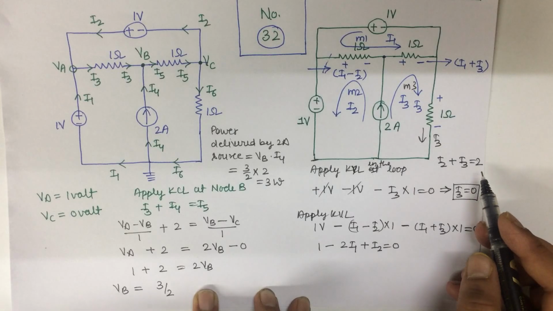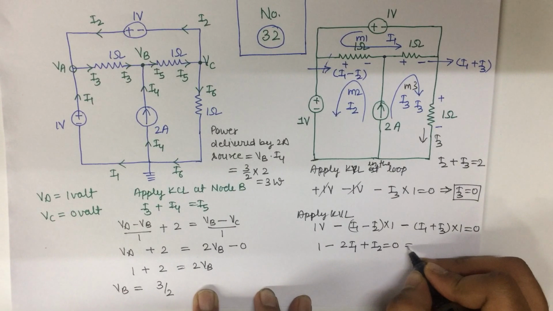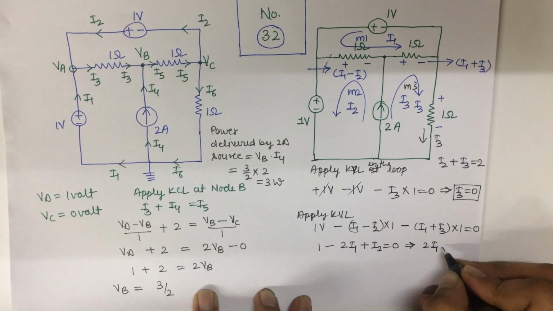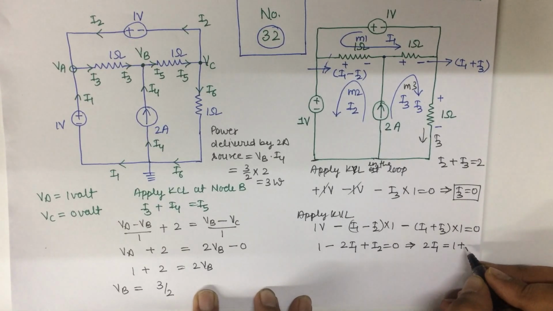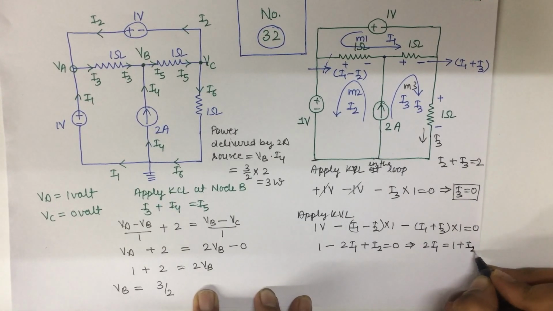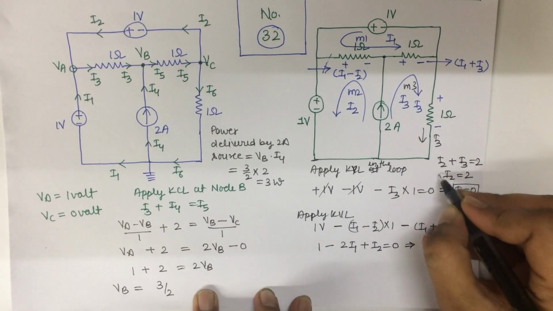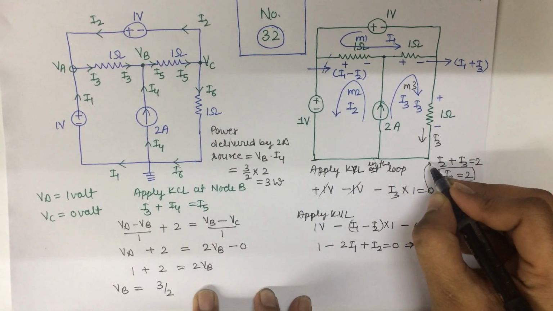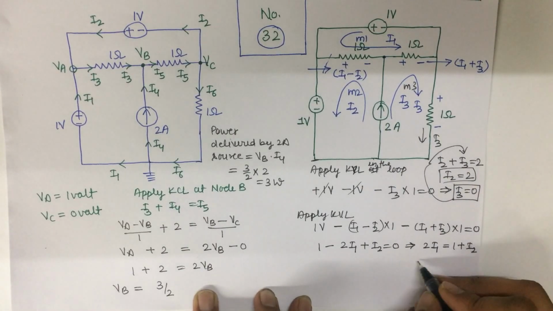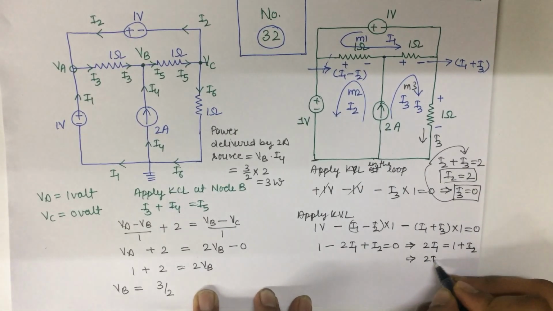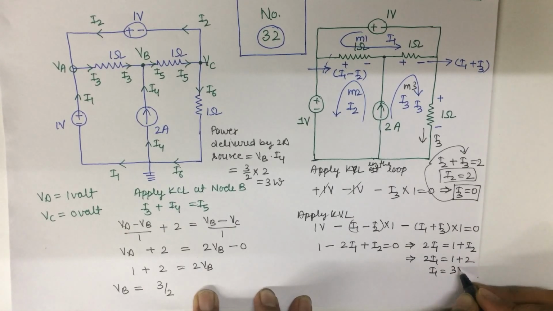So we have 2I1 is equal to 1 plus I2, and here I3 is equal to 0, which means I2 is equal to 2. Putting the value of I2, we get 2I1 is equal to 1 plus 2, and we get I1 is equal to 3 by 2 ampere.